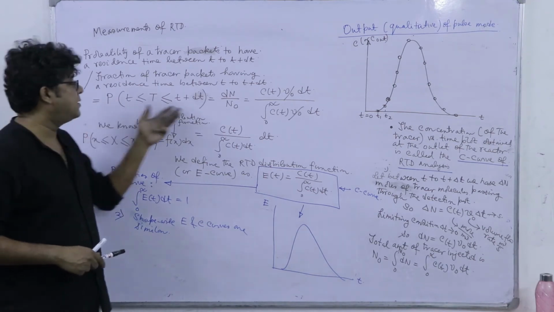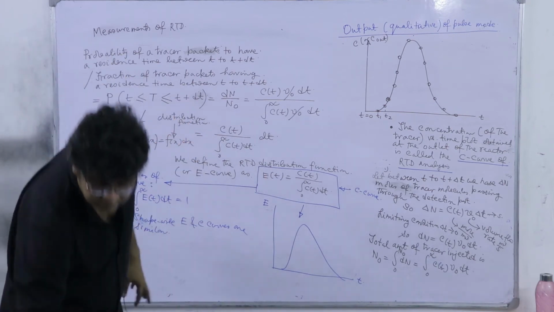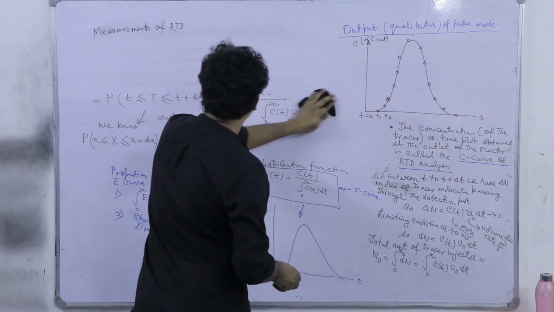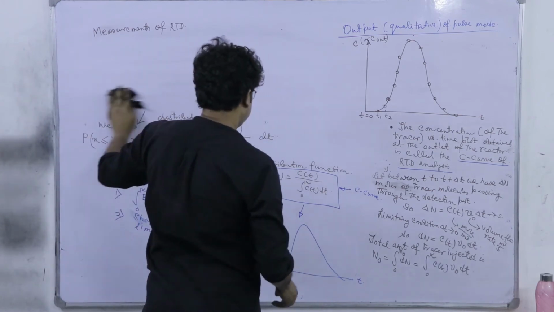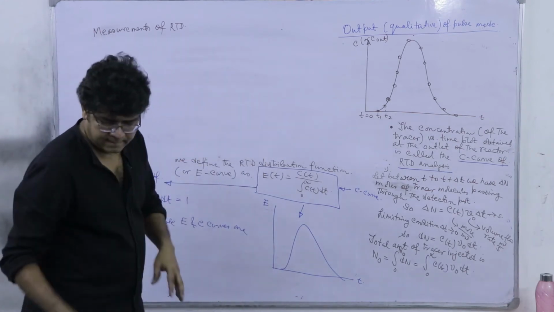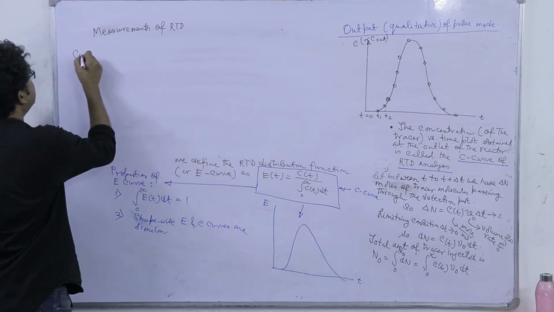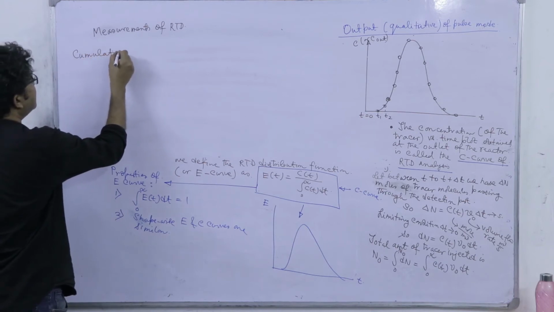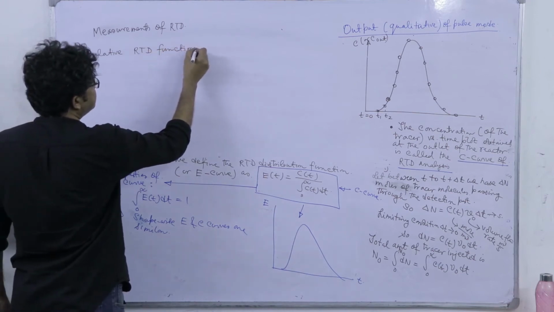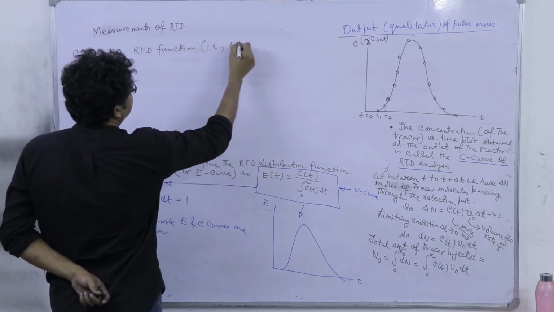Now, just like in probability we think about the cumulative distribution in addition to the standard probability distribution, here also we can think about the cumulative RTD function. That is Ft.